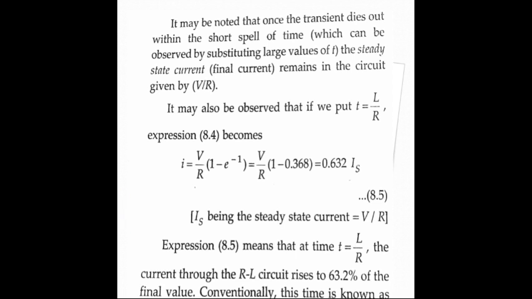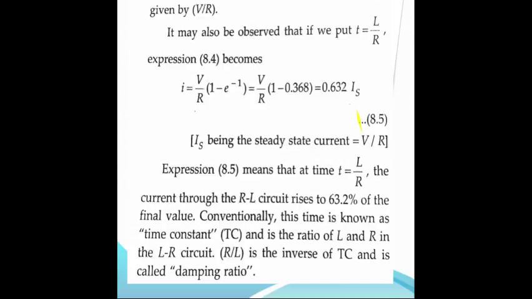Is is the steady state current. Its value is V upon R. Expression 8.5 means that at time t is equal to L upon R, the current through the RL circuit rises to 63.2% of the final value.